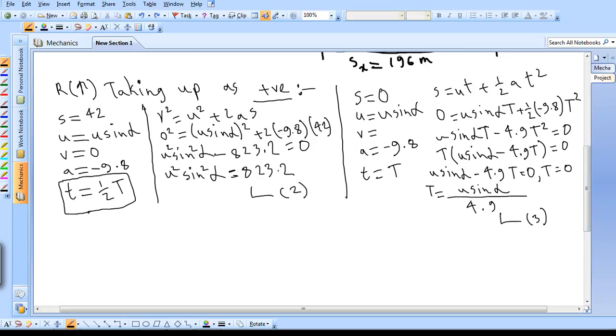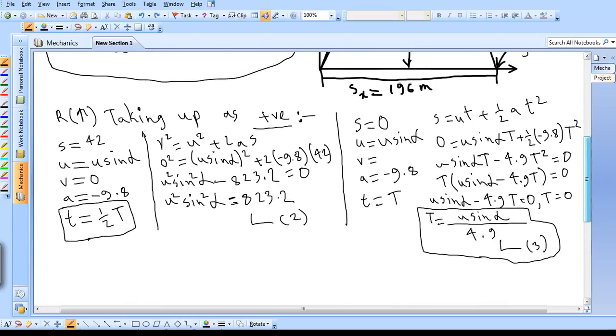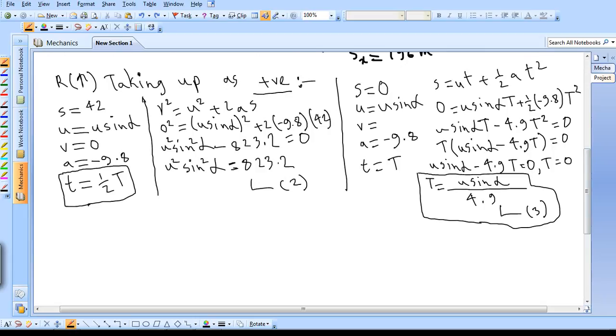Now what we're going to do is, as you can see, in equation number 3 and in equation number 1, there is one thing in common. The common thing is t. Here t is common, here t is also common, so we can equate these both equations.